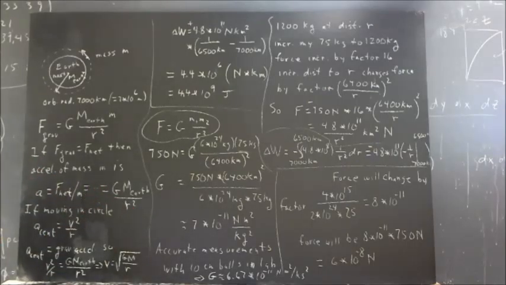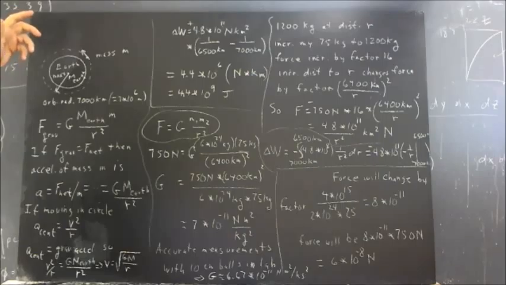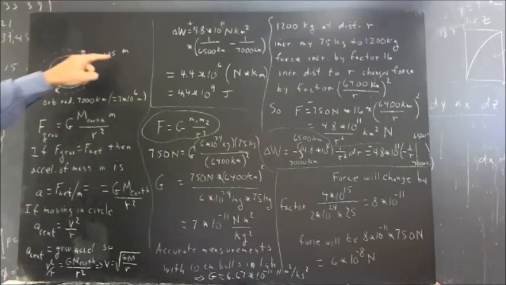Now, if this mass is moving in a circle, then it has a centripetal acceleration, v squared over r. It's got to have a centripetal acceleration to stay in the circle. The only force acting on this thing is the gravitational force, so it will have a constant centripetal acceleration toward the center, a result of the gravitational force on this mass.